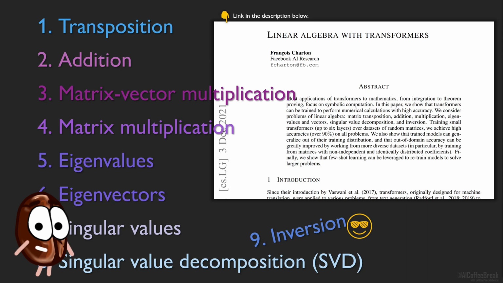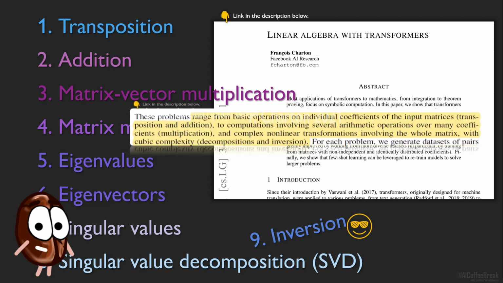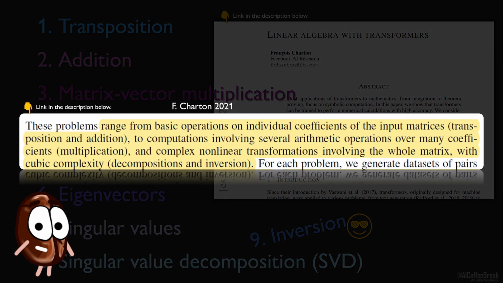Can transformers do basic operations on individual coefficients of matrices, like it is the case with matrix transposition and addition? Can they also do compositions of several arithmetic operations, like it is the case with matrix multiplication? And then can they even do complex non-linear transformations with cubic complexity, like the matrix decompositions and matrix inversion.